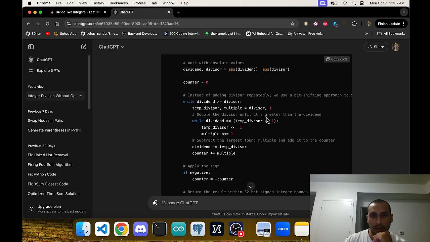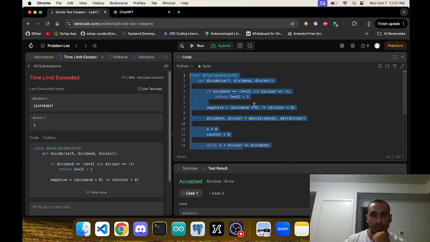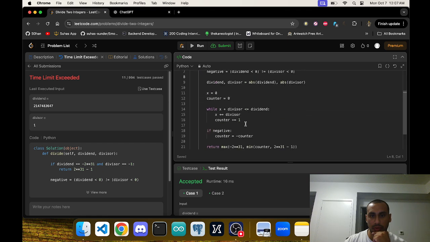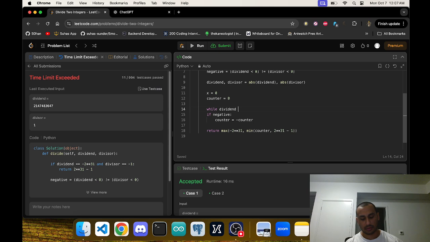So now we go, while dividend is greater than or equal to divisor. This is where the magic happens.